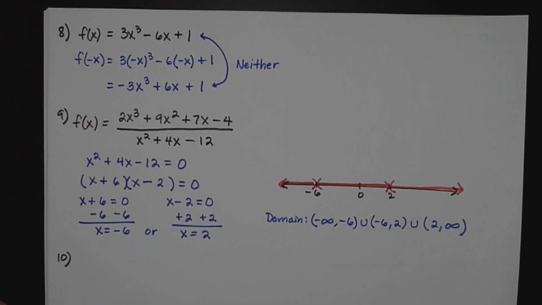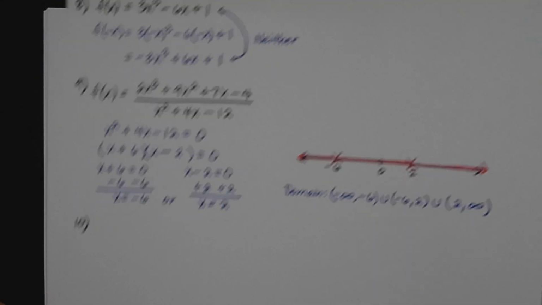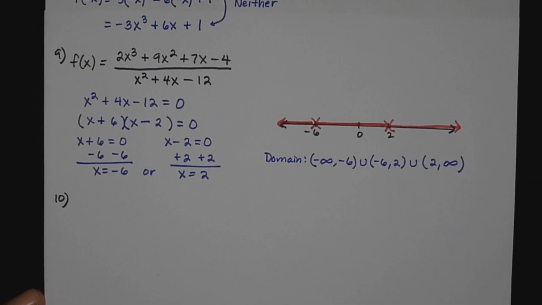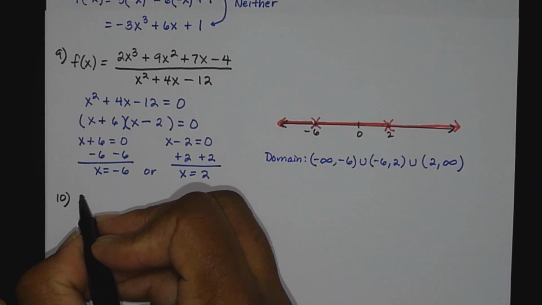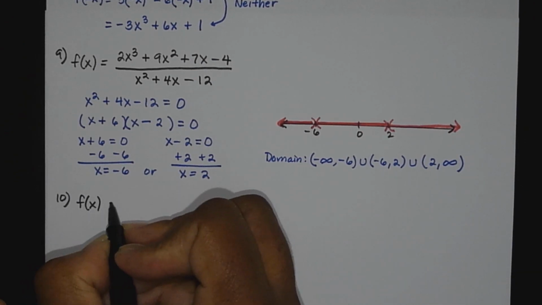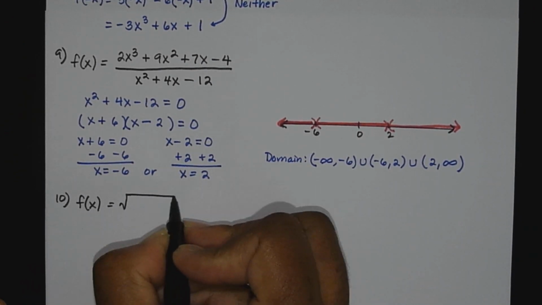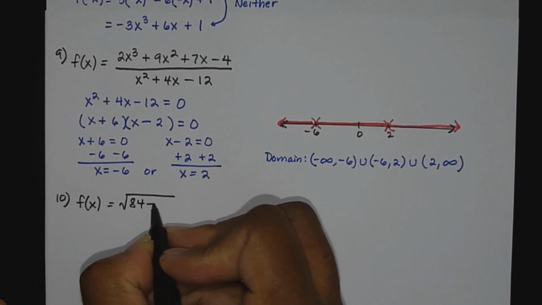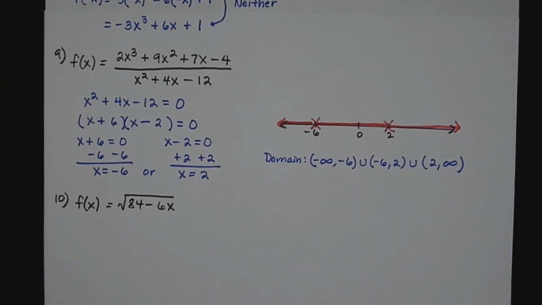All right, number 10. This time we have a function that is a radical function. So here we got f of x is equal to the square root of 84 minus 6x, and I want to find the domain of that radical function.